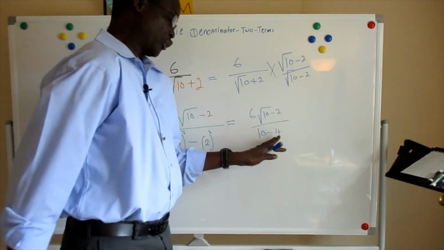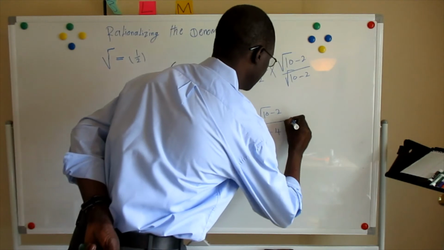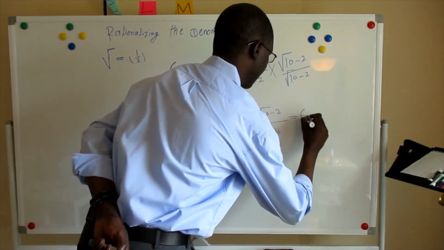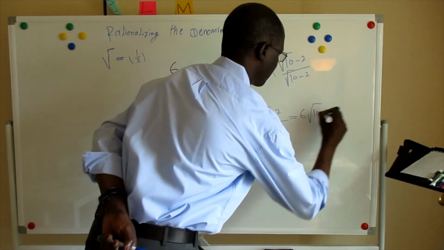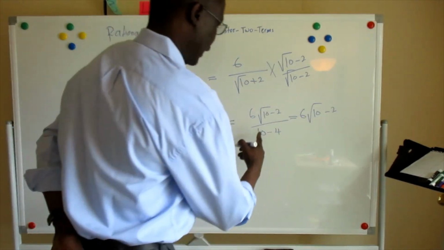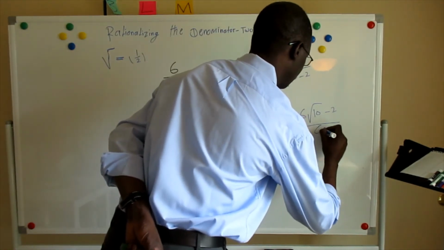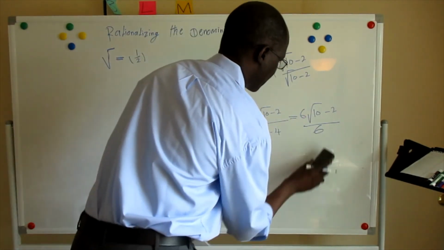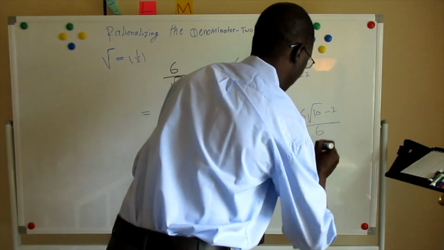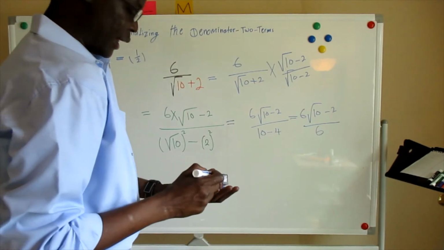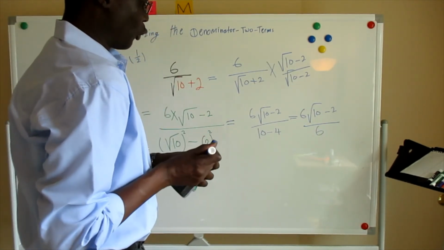Now you're going to do a simple subtraction. This will equal 6 times root 10 minus 2, over 10 minus 4, which leaves 6. Now you still have to simplify the equation.